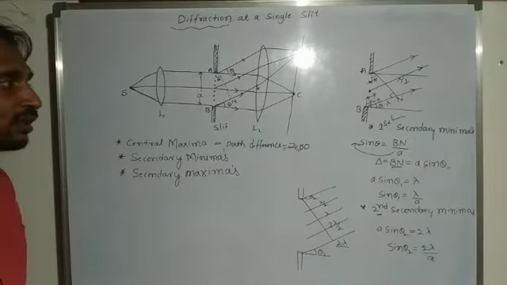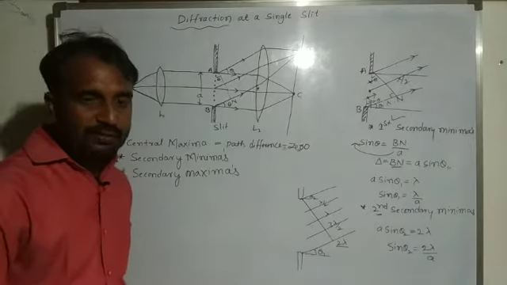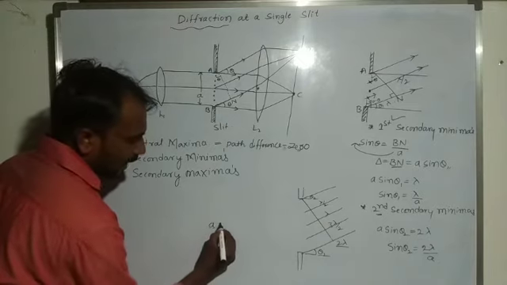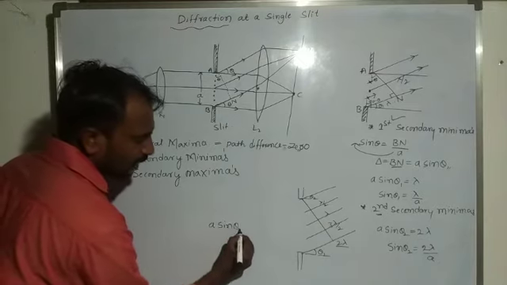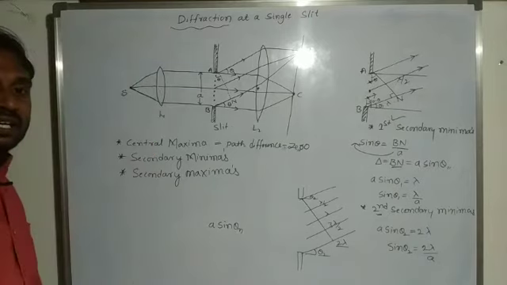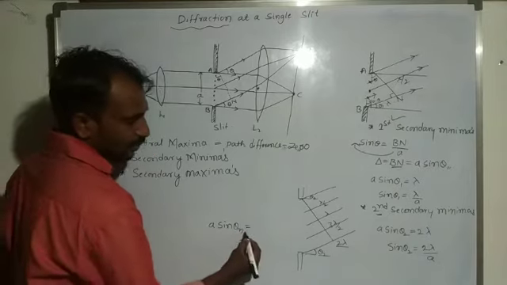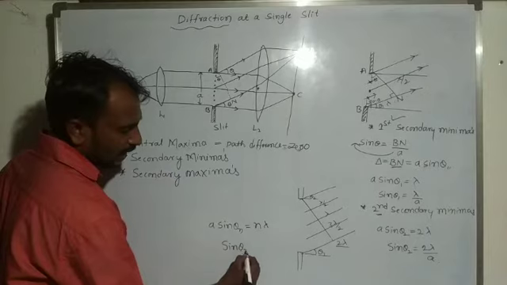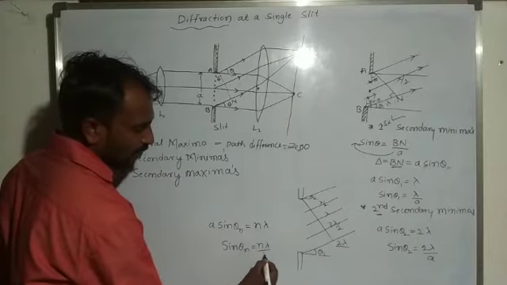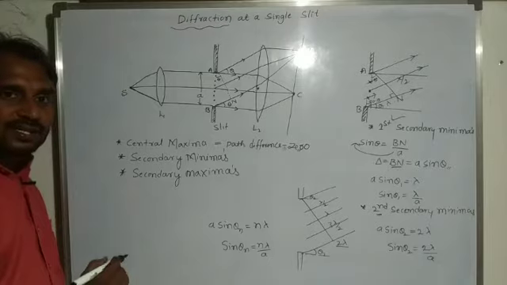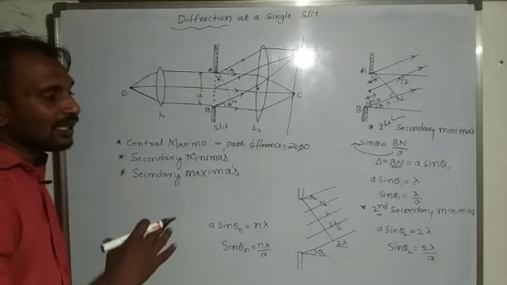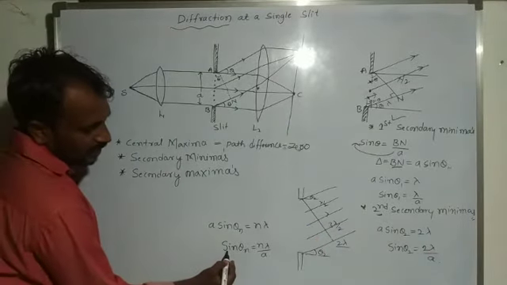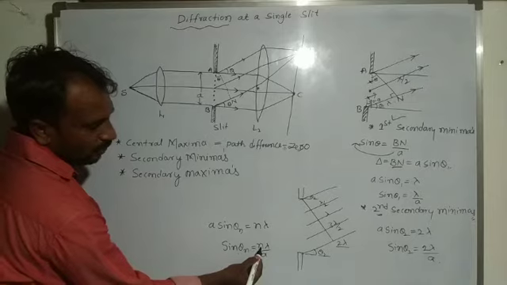Suppose we want to find the nth secondary minima. Here we write A sine theta n, because for the nth secondary minima the path difference is n lambda, so sine theta n is equal to n lambda divided by A. N is the nth band or nth secondary minima. So the general formula is A sine theta n equals n lambda.